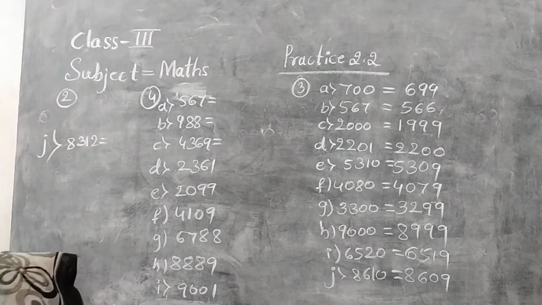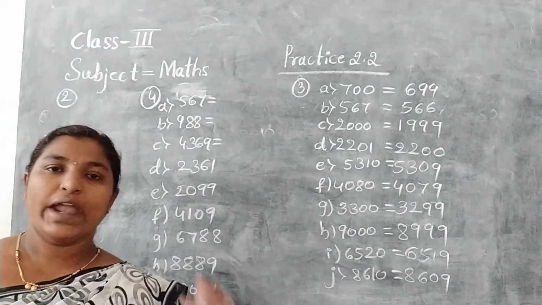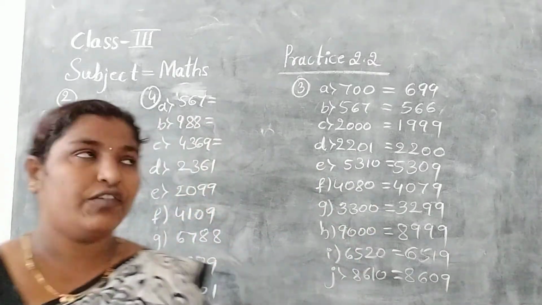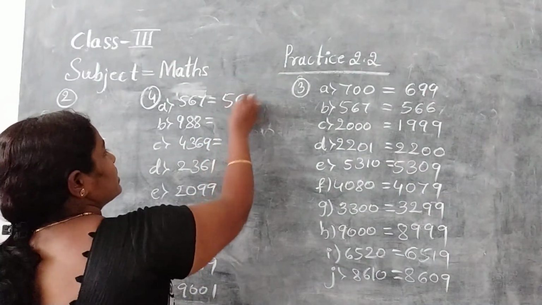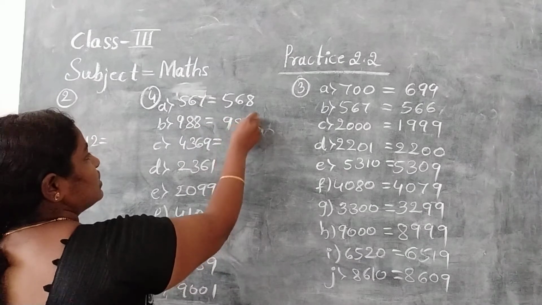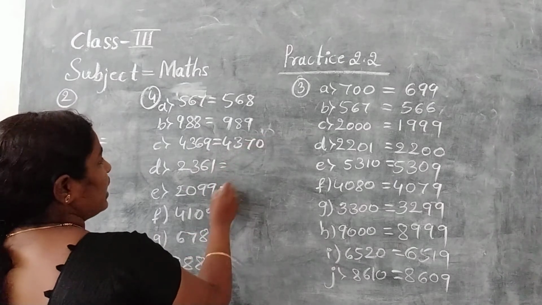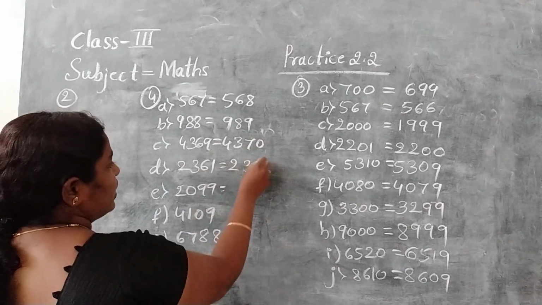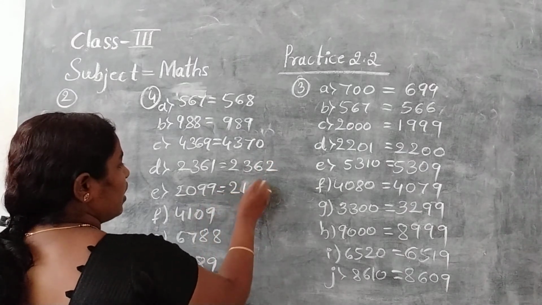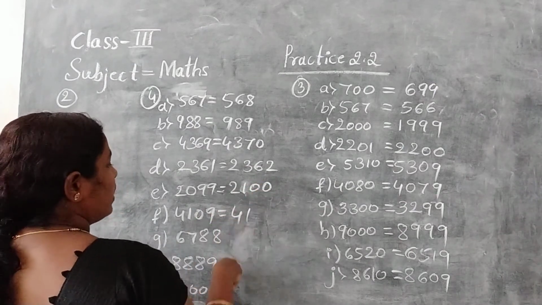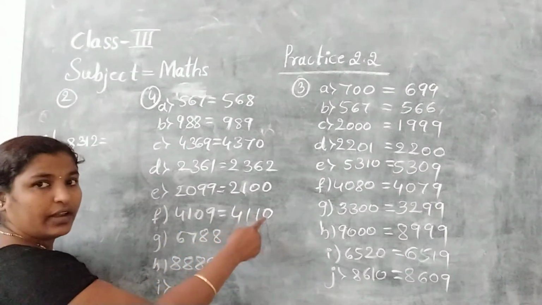So successor means what you have to do? We should do addition of 1 or write the number just after. 567, after that 568. 988, 989. 4369, 4370. So write the next number. 2362. 2099, after that 2100. 4109, after that 4110.